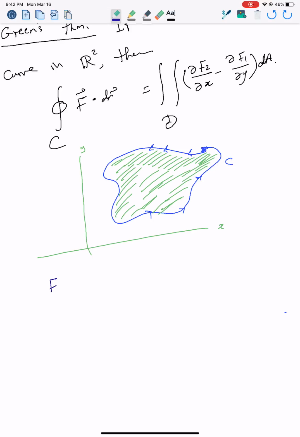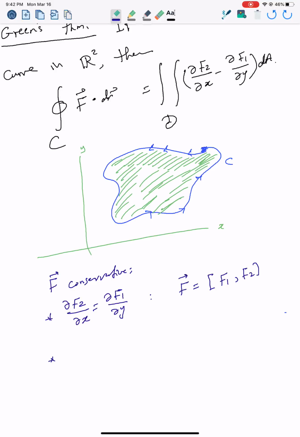Remember, what was the meaning of a function being conservative? It meant that the derivative of f2 with respect to x is equal to the derivative of f1 with respect to y, right? But this is true only for functions from R2 to R2 with two components. But then we said, okay, if the function was f1, f2, f3, so if it's a function from R3 to R3 with three components, three variables, then what was the condition?